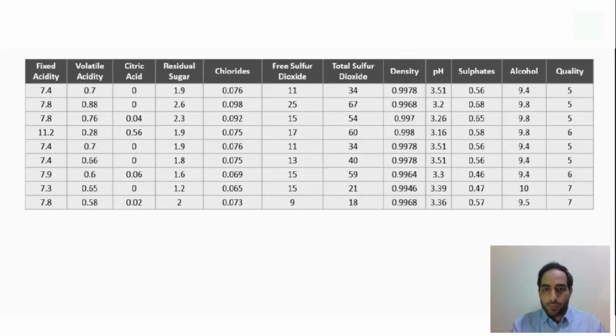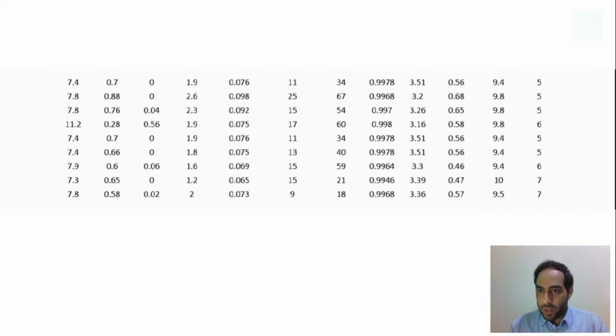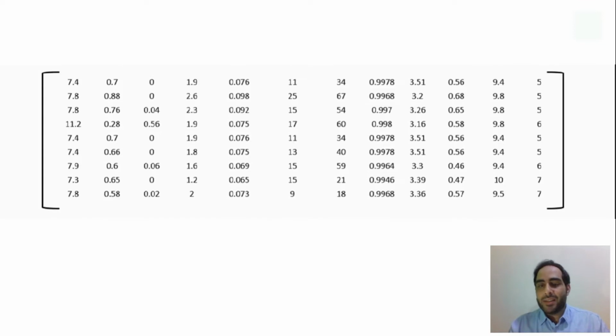Let us have a look. So here I'm having this table, which is having a lot of data. We have multiple columns. What will happen if we remove the header? Let us try to remove the header. So now we don't have the header. Let us try to remove the boundaries, so we end up with only numbers. And if we put a square bracket at the beginning and at the end, we end up with a matrix.